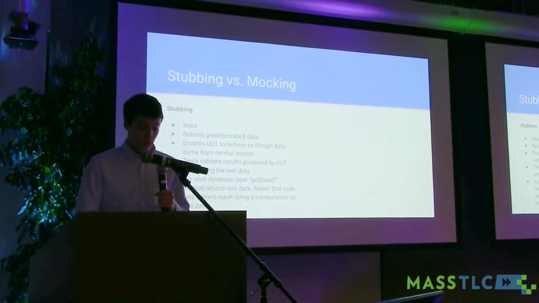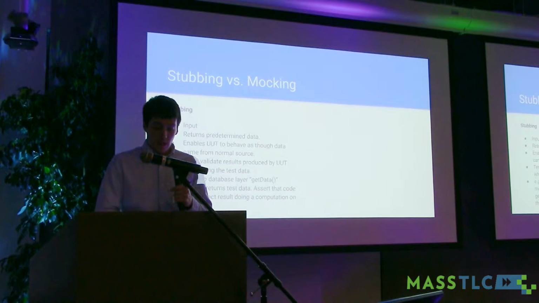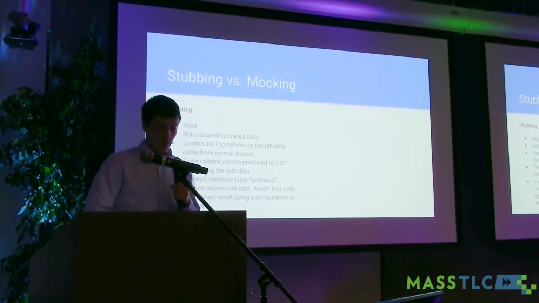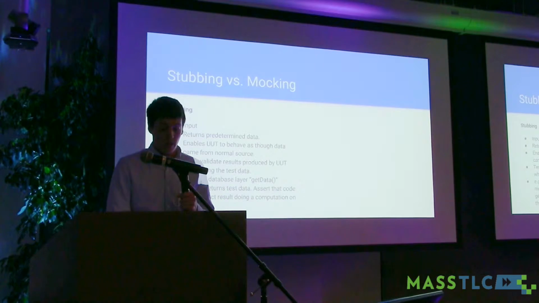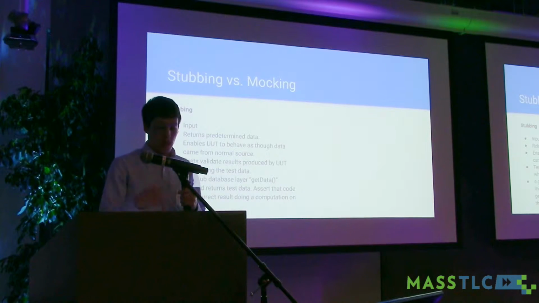An example would be if you're testing a method that pulls information out of a database, does a computation on it, and then gives you a value. You could stub out your database layer so that the getData method returns the test data. That way the input goes into the test, and the output is whatever this method returns.